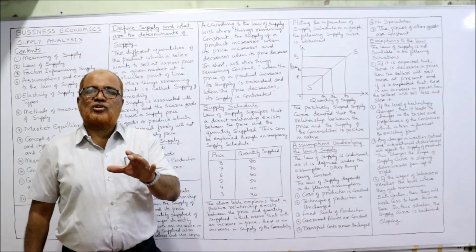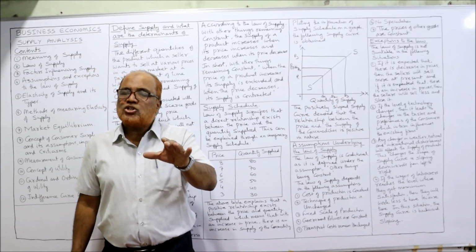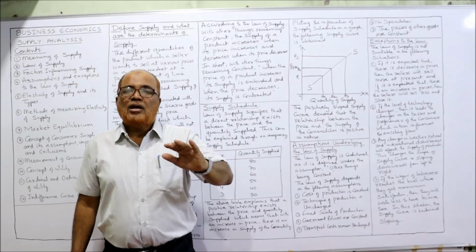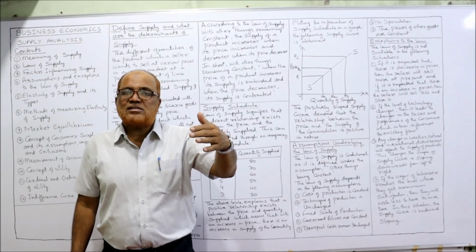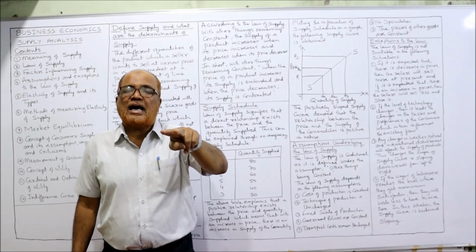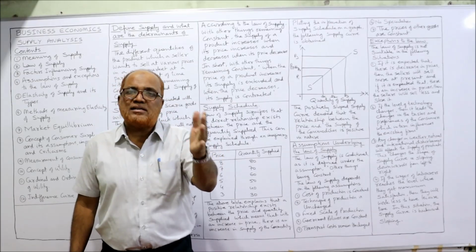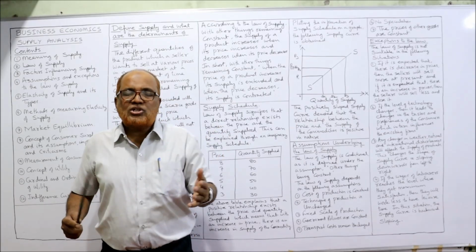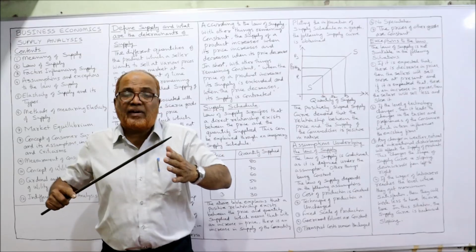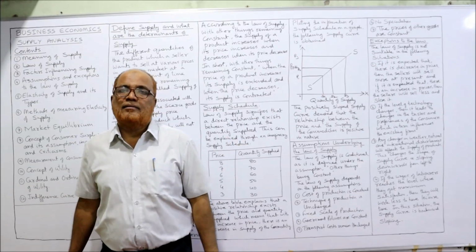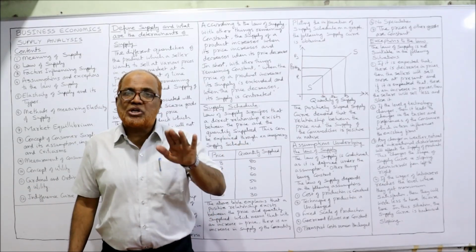The cost of production should not change. If the cost of production changes, then we cannot say there is a direct relationship between price and supply. The relationship may be different. It is not perfectly directly related if the cost of production changes.